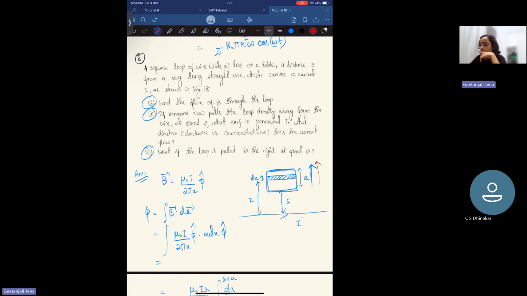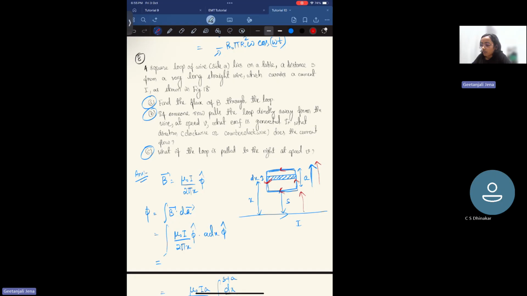Yes. So it should be counterclockwise. If you pull this, then the flux will decrease. And in which direction does it decrease? In the upward direction, it is decreasing. So the induced current should be such that it opposes the decrease in the flux. That means the current should be in the counterclockwise direction.